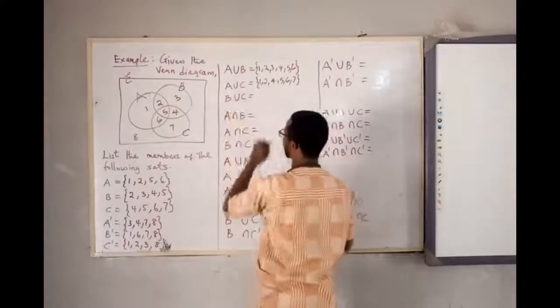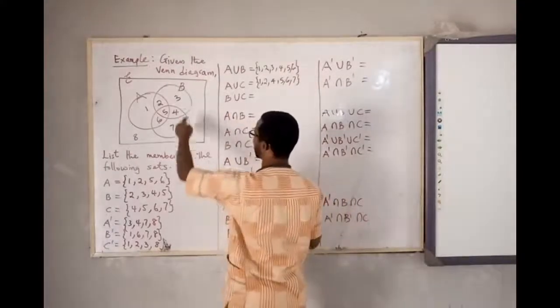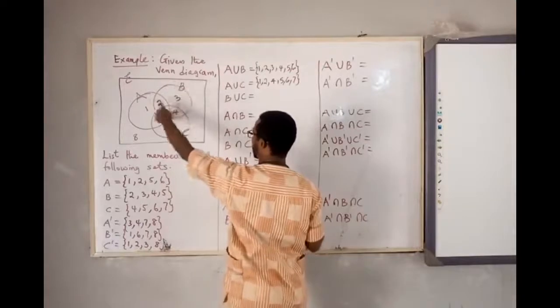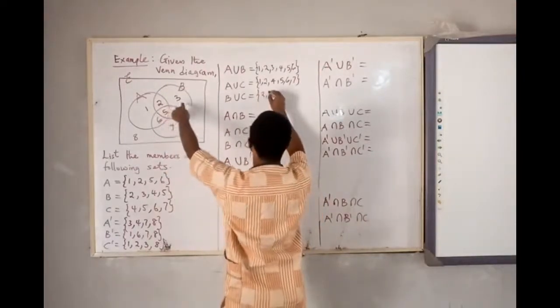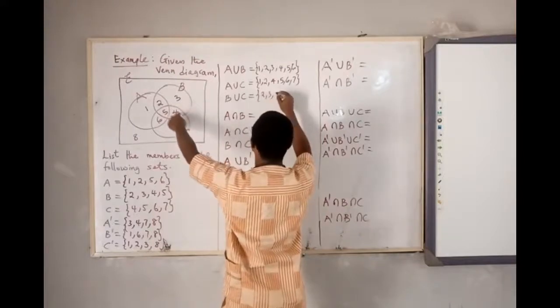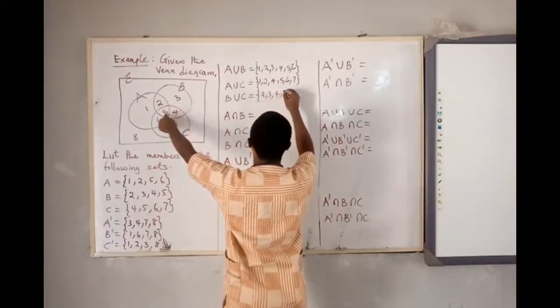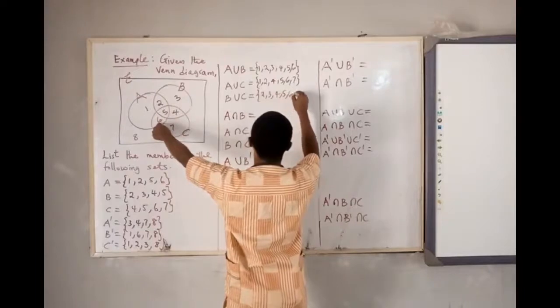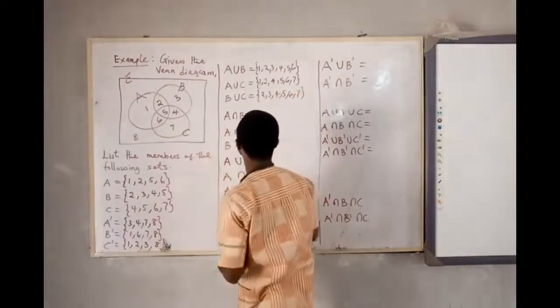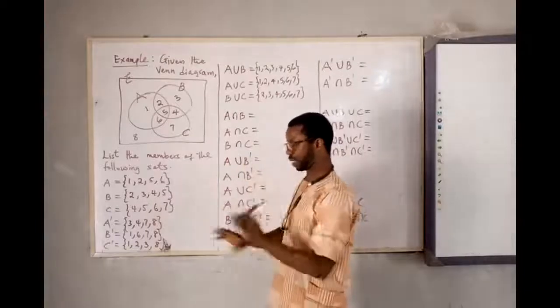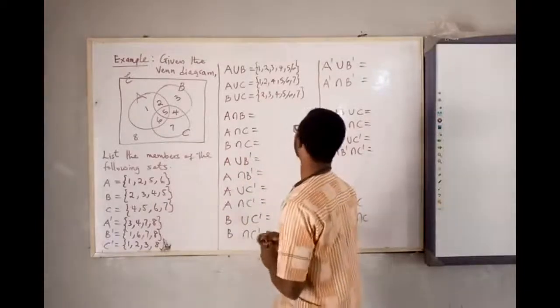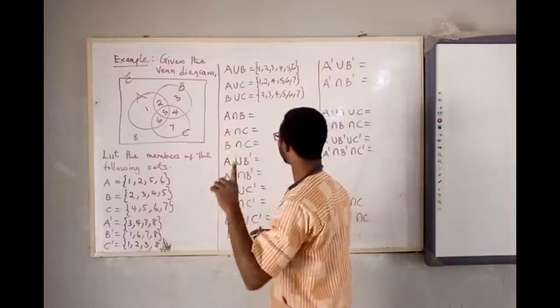Then we go to the next one, B union C. I'm combining the 2 sets together. We have 2, 3, 4, 5, 6, and 7. That's about union. You just combine the 2 sets without repeating any element more than once.